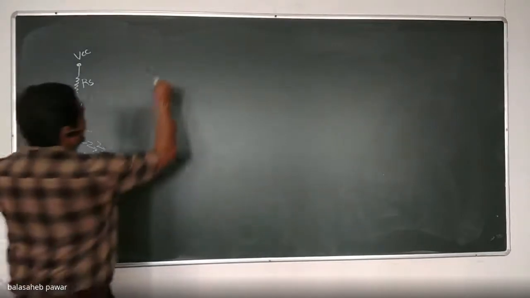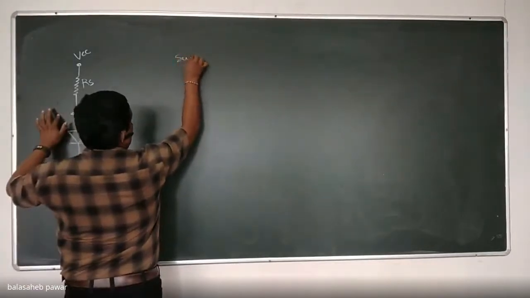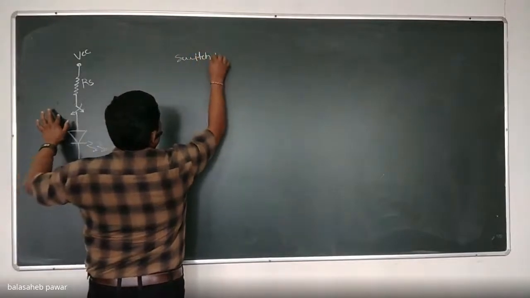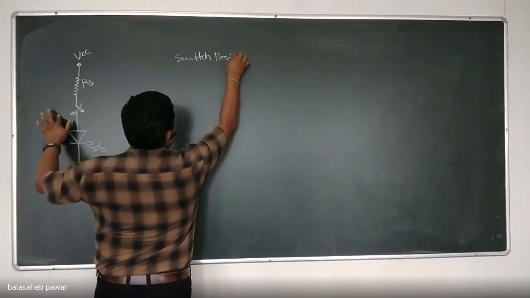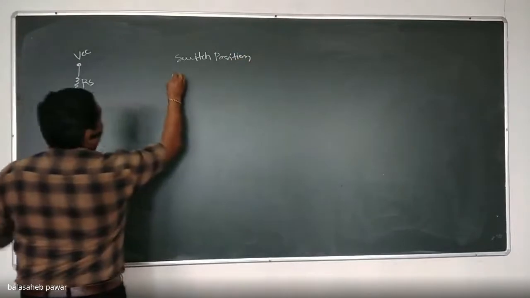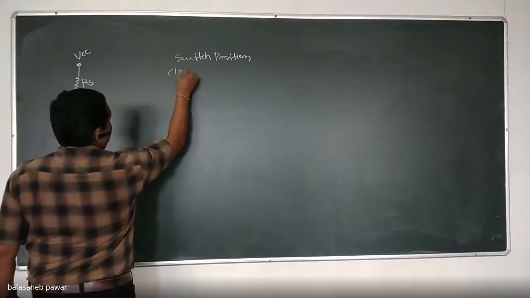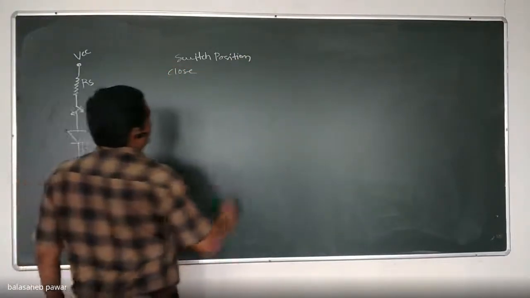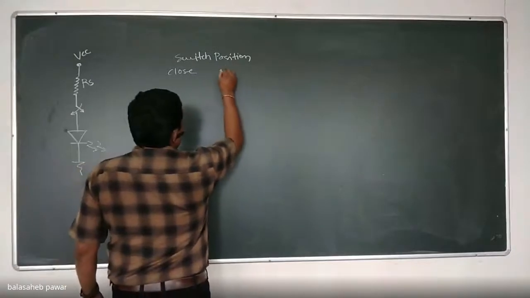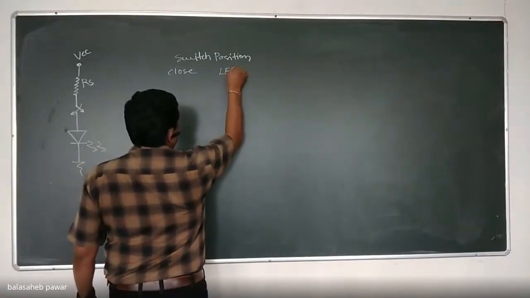Okay. Now the question is, if I close the switch, I will write the position here. If it is closed, then the LED will be on.